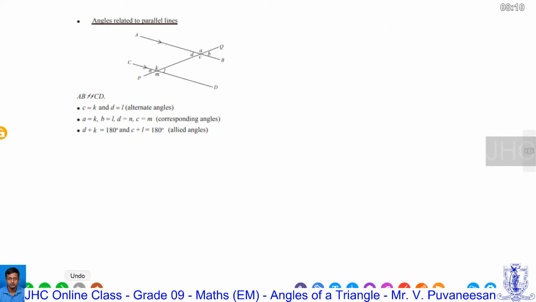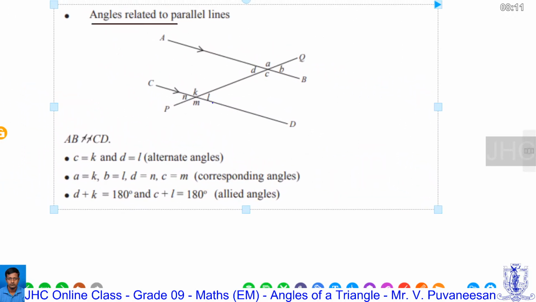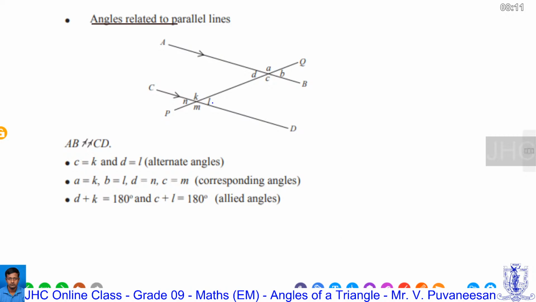Next, angles related to parallel lines. Here AB and CD are parallel. The line PQ intersects AB and CD.